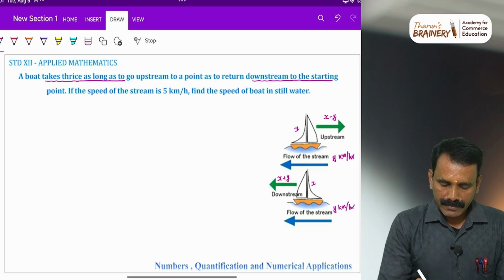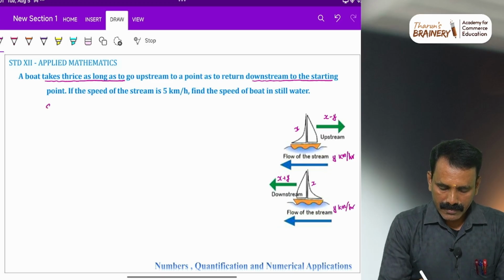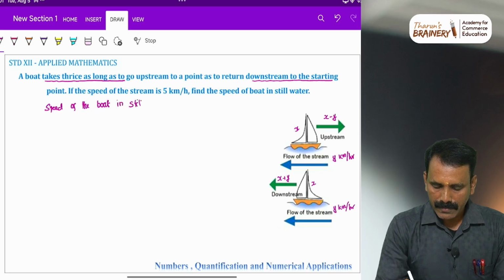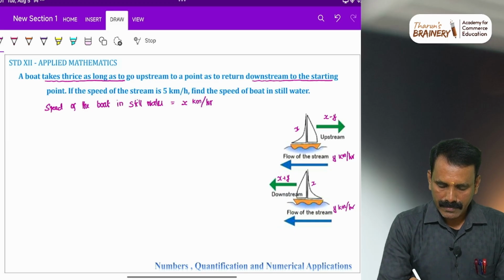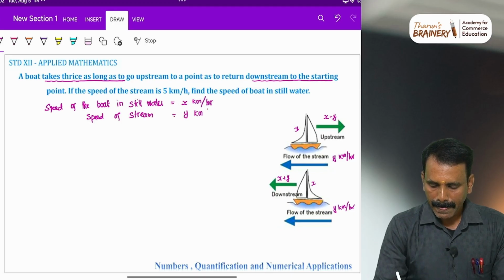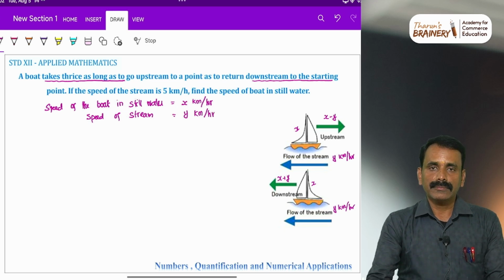So we take the speed of the boat in still water as x km per hour, the speed of the stream taken as y km per hour.